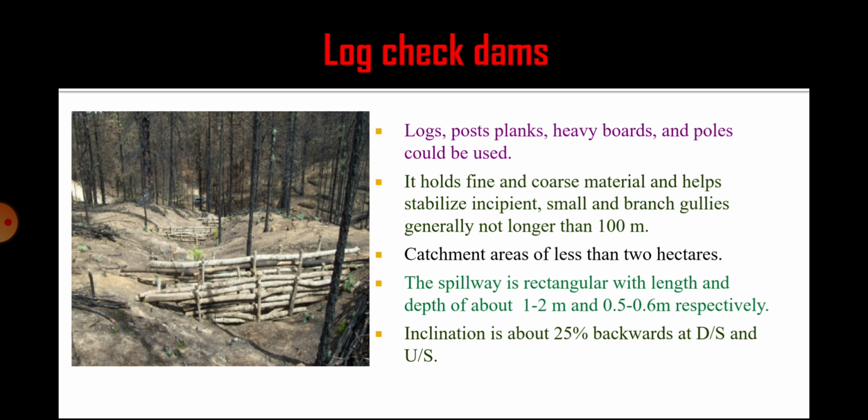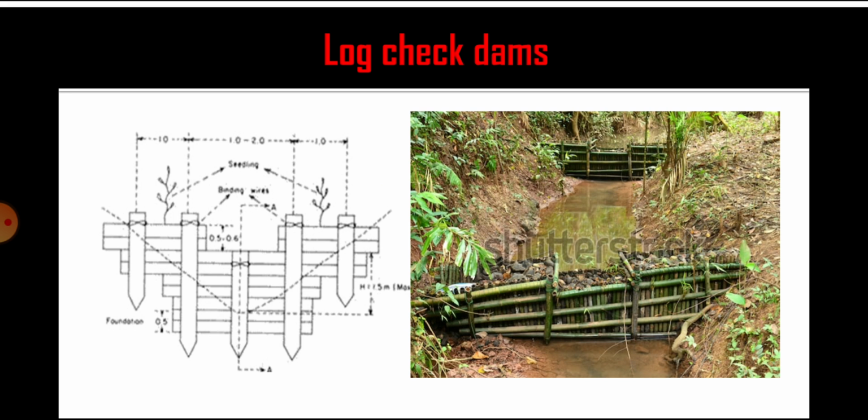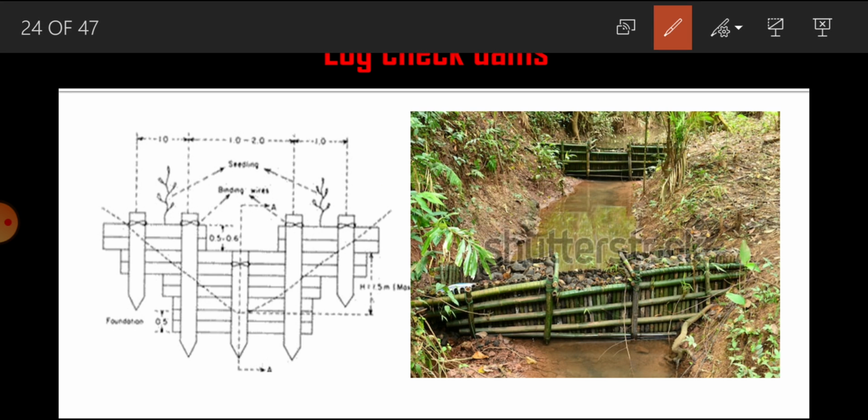Generally the weir or spillway should be in rectangular shape, with a length of 1 to 2 meters and a depth of 0.5 meter. This is a kind of log check dam. Another kind of log check dam is where you place the logs.